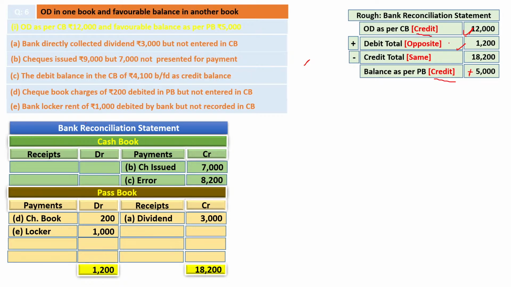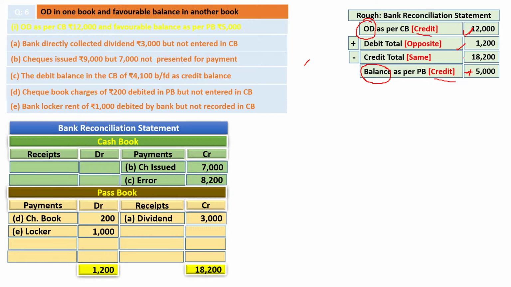Starting with overdraft, but ending with the favorable balance. If the balance is negative, it means starting with overdraft means ending with the favorable balance, or starting with the favorable means ending with the negative. If the balance is positive, then no problem. If we start with a favorable balance and the ending is also favorable, else vice versa.